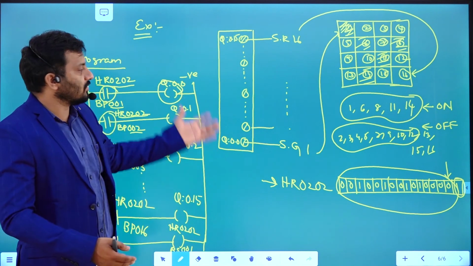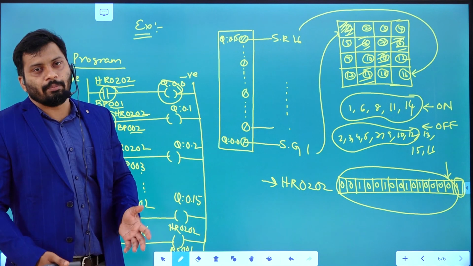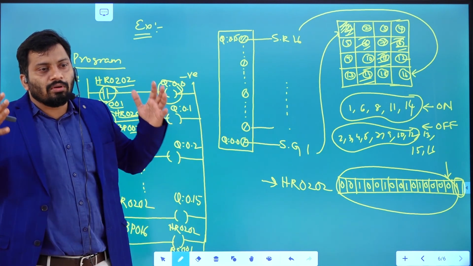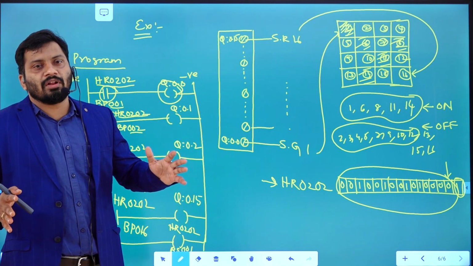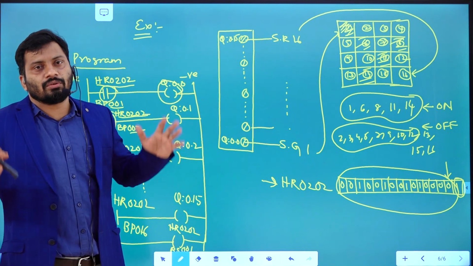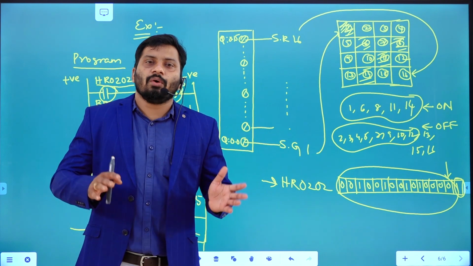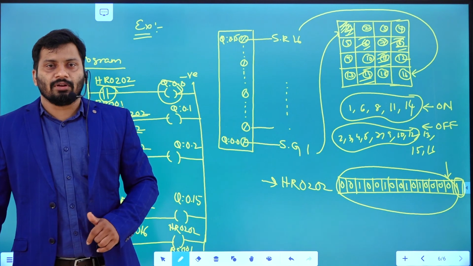You can write programs for so many examples like this, right. In all the examples, you need to remember in what way you are using these 4 instructions to control the bits present in the register, as well as how you can control the output device by following the bits present in the particular register, right.